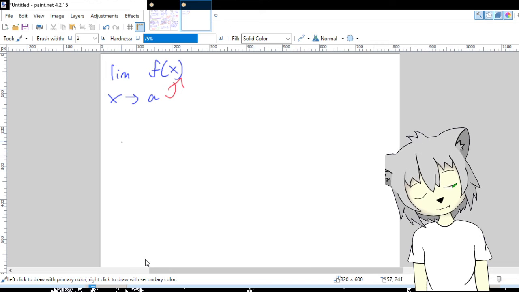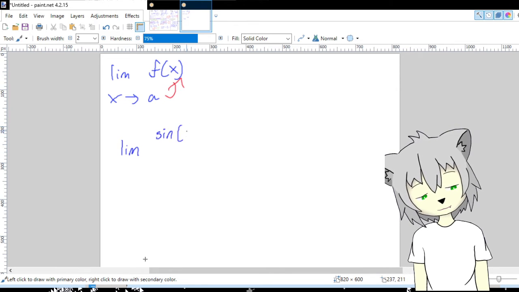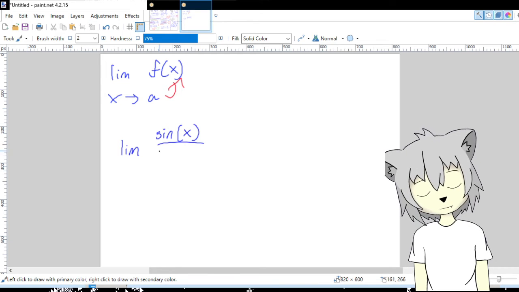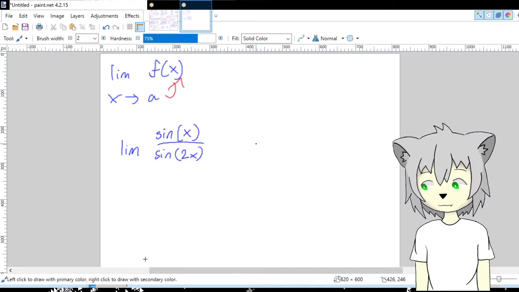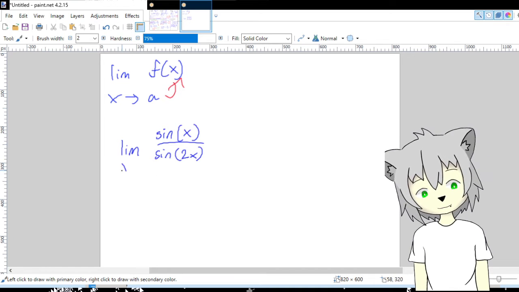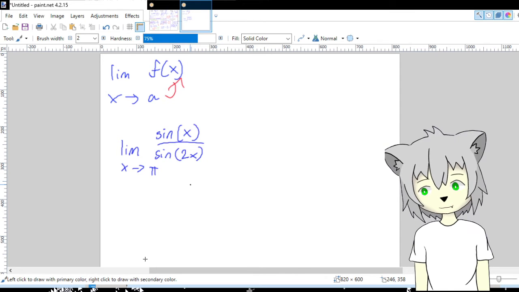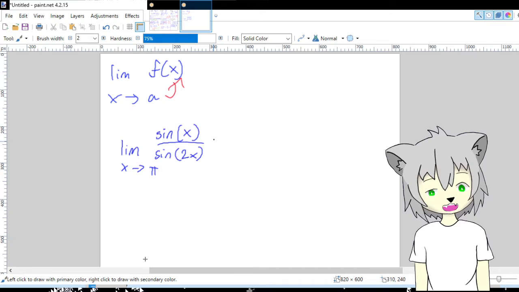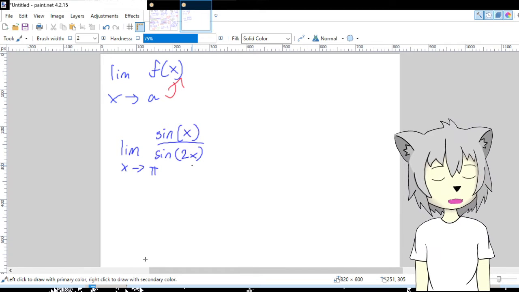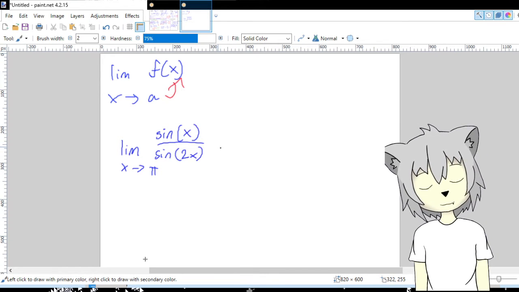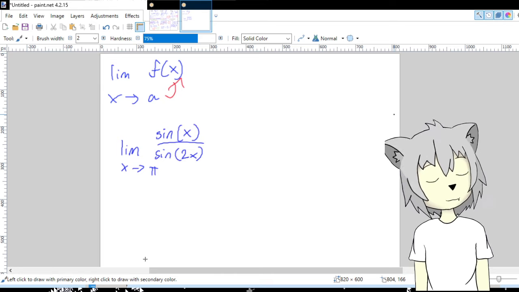In fact, something you might find is probably sine of x over sine 2x or something like that, as x approaches, I don't know, pi. And if you already knew trigonometry, then you'd use trig identities and stuff like that.